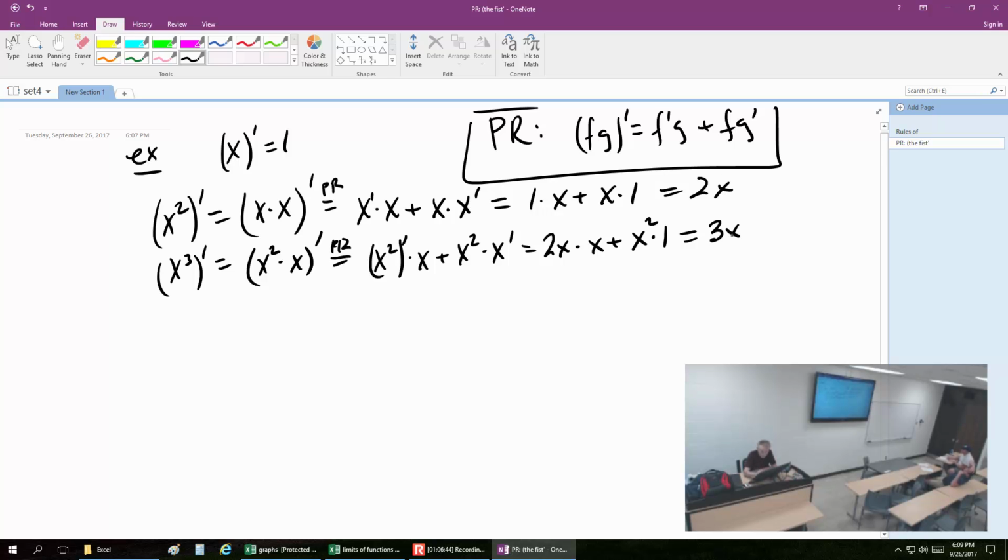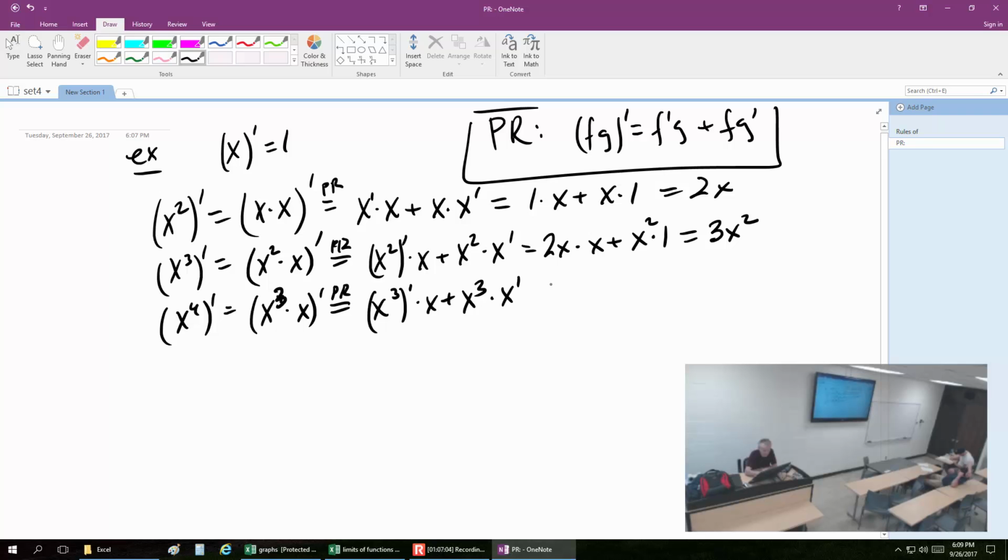3x squared. So the power is growing. One more. X to the fourth is x cubed times x: x cubed prime times x plus x cubed times x prime. I will have 3x squared from over here times x plus x cubed times 1, and the answer is 4x cubed.